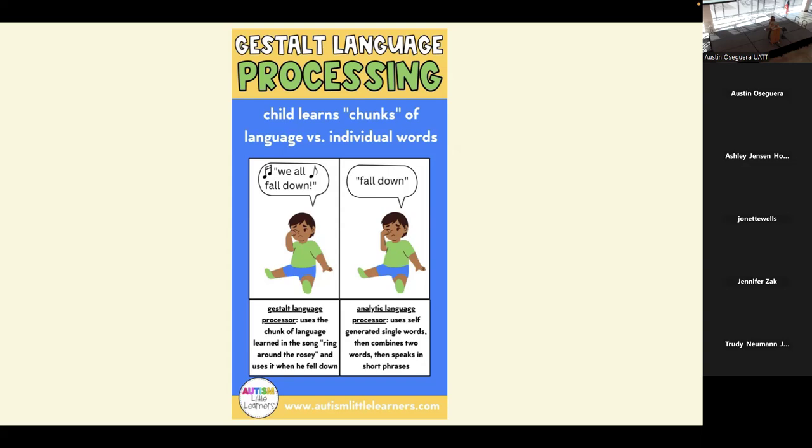And that makes sense because the words make sense to us, right? But what if on their favorite cartoon show, the thing that happened when the character fell down was they said, oh, phooey, or something like that? Then that chunk might be assigned to we all fall down, or the concept of falling down, but without context, it might not make sense.